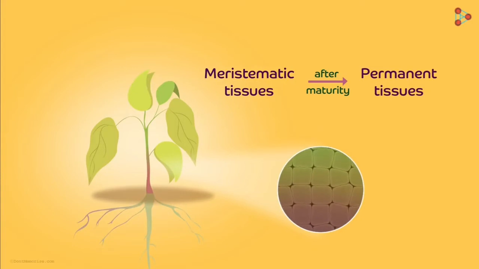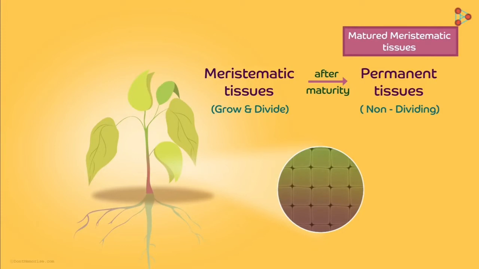Did you understand what this means? It means both the meristematic tissues and permanent tissues are one and the same. When tissues grow and divide, they are known as meristematic tissues. And when they finally mature and divide no more, they become permanent tissues. So permanent tissues are nothing but matured meristematic tissues.